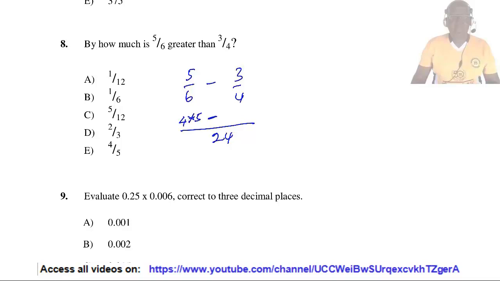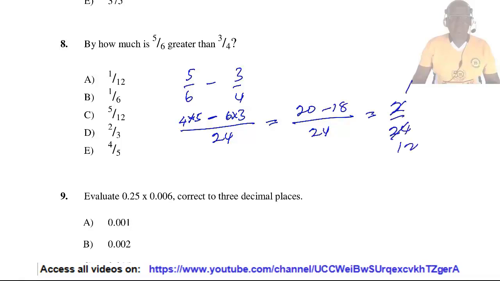Minus 4 goes into 24, 6 times, 6 times 3 over here. So we shall get 20 minus 18 over 24, which equals 2/24. 2 goes here, 1, 2 goes here, 12. So 1/12. So the answer is A.